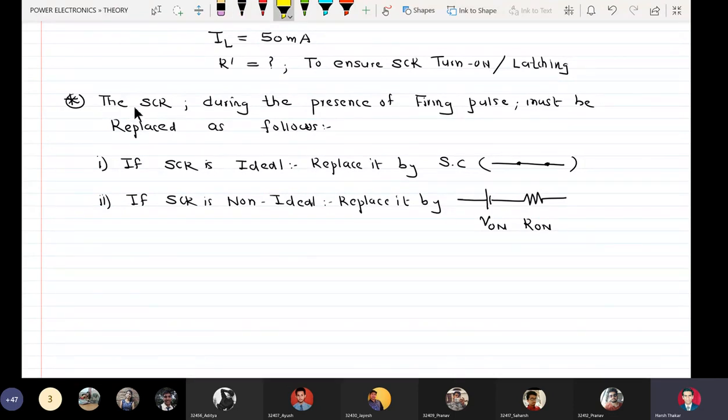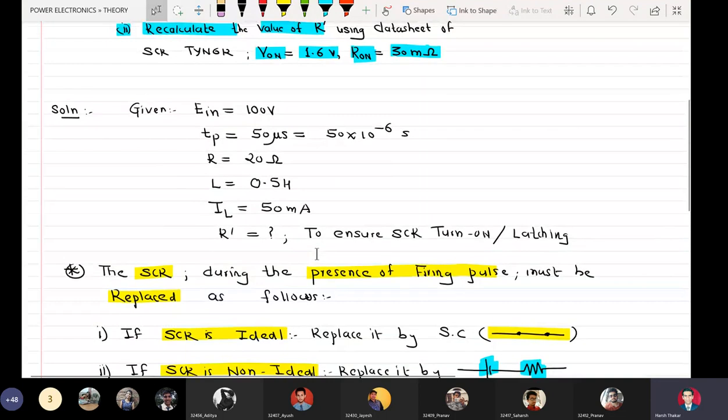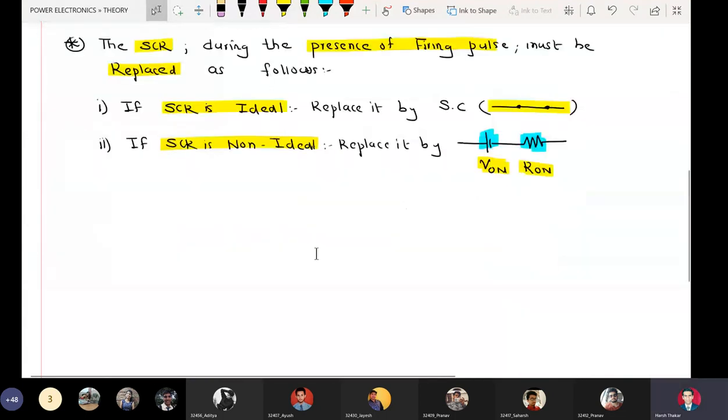So the SCR during the presence of firing pulse must be replaced as follows. If SCR is ideal, replace it with short circuit. If SCR is non-ideal, you replace it with V on in series with R on, okay. That is what we are going to do today. So both these statements will be implemented here, okay.